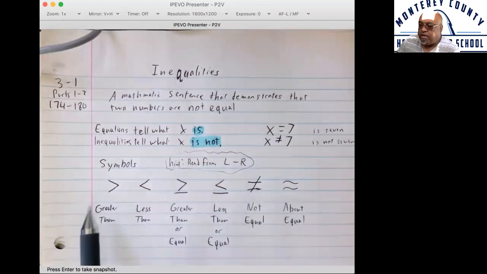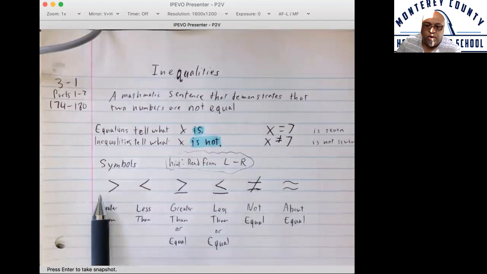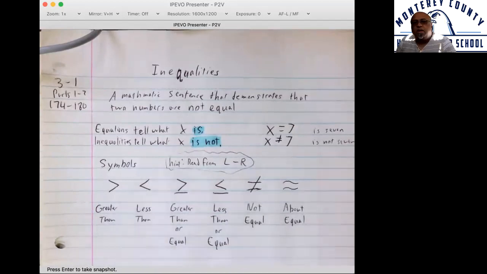Meaning that whatever is on the left of the symbol has to be greater than what's on the right in case of greater than. Whatever is on the left of less than has to be smaller than whatever's on the right of it. Okay, so if you get confused in what to call them, then the idea is just compare your inequalities from left to right.